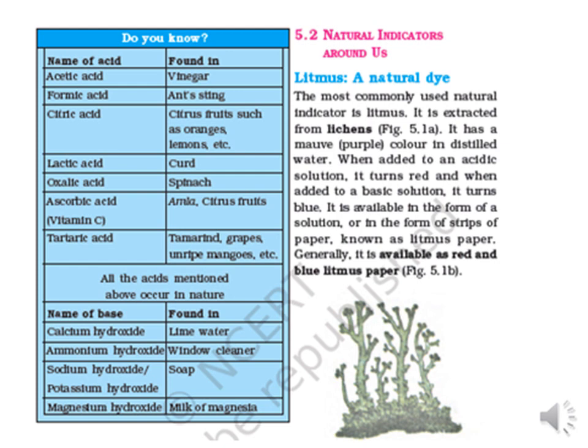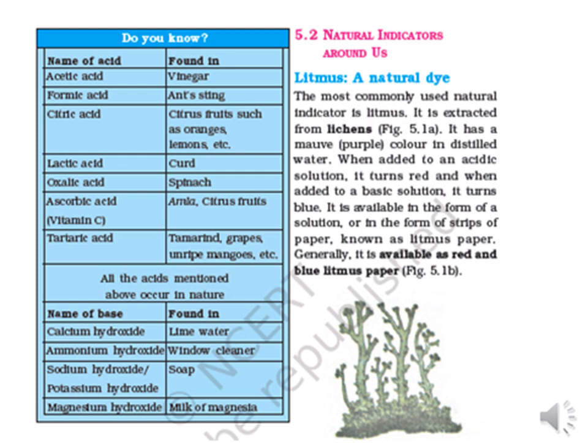First is acetic acid. This acetic acid is present in vinegar, about 8 to 9%. The second one is formic acid, which is present in ant sting. We have discussed it as well. The third one is citric acid, present in citrus fruits such as oranges and lemon.